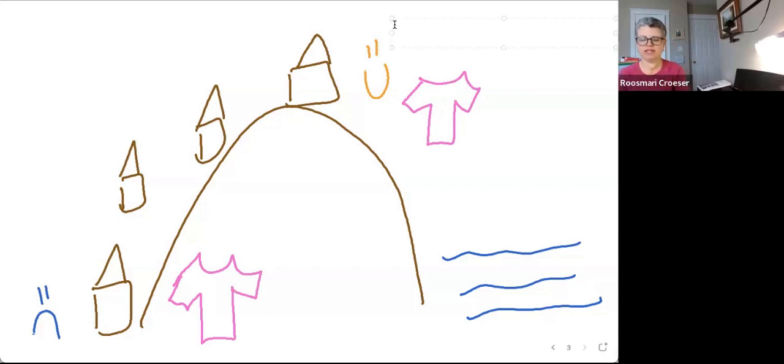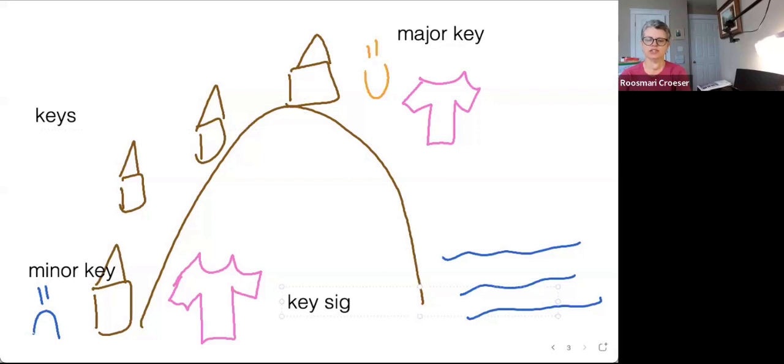The happy friend is the major key. The sad friend is the minor key. The houses are keys on the piano, and the t-shirt is the key signature.